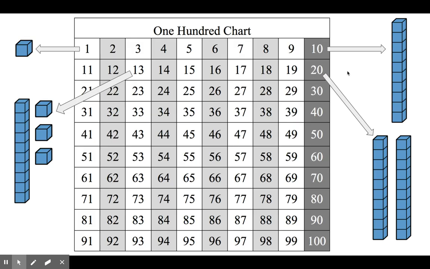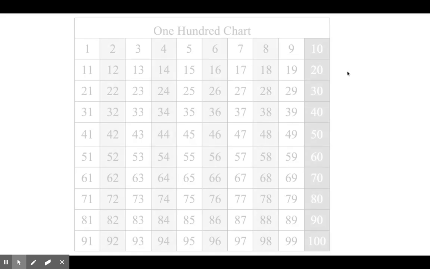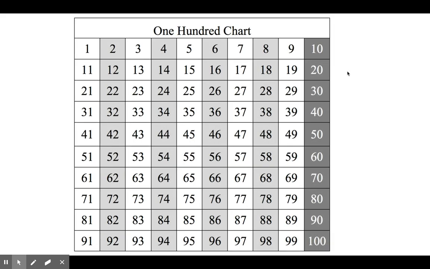I want you to practice counting the Say 10 way with me, okay? So here we go. Let's count together. We're going to start with the number 1, and we're going to stop right here when we get to the number 20, or when we say 2 tens.